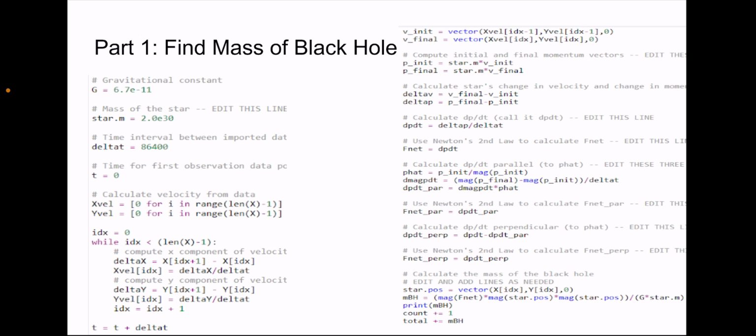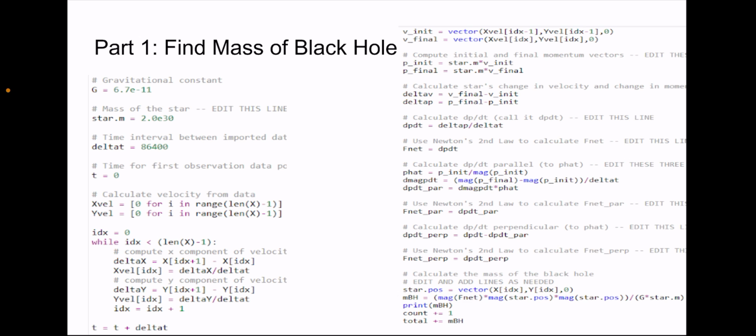And to find dp dt, we divide delta P by delta T. And F net is just dp dt. Now we want to calculate dp dt parallel. P hat is just the vector divided by its magnitude, so it's the initial momentum divided by the magnitude of momentum.